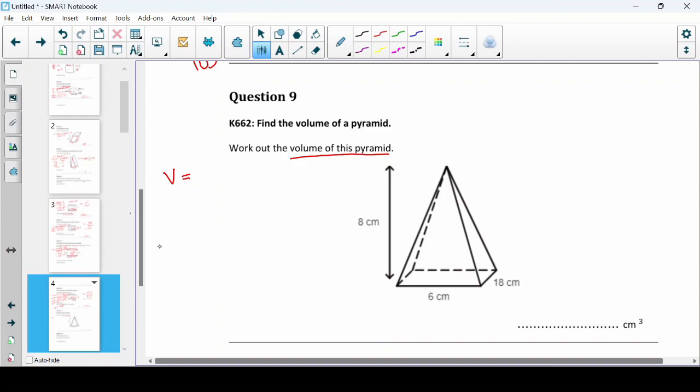The base of this pyramid, you can see, is a rectangle, 18 times 6, times 8.